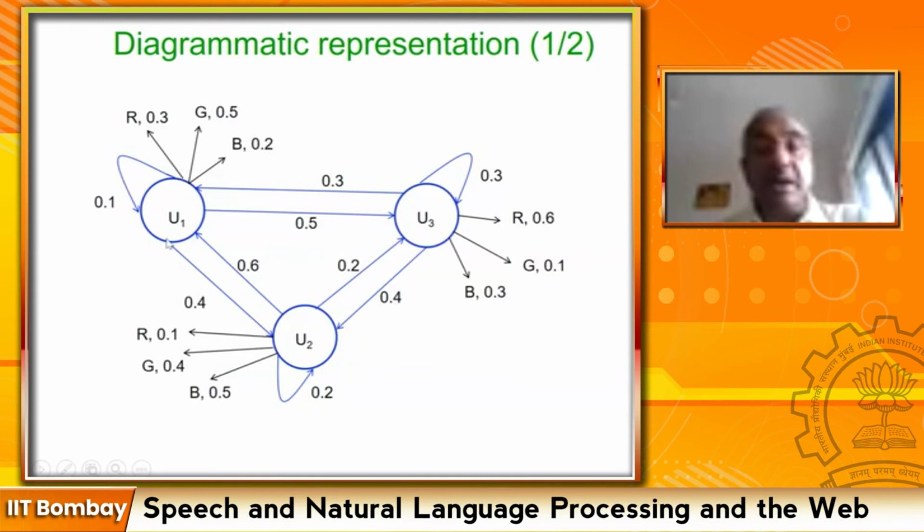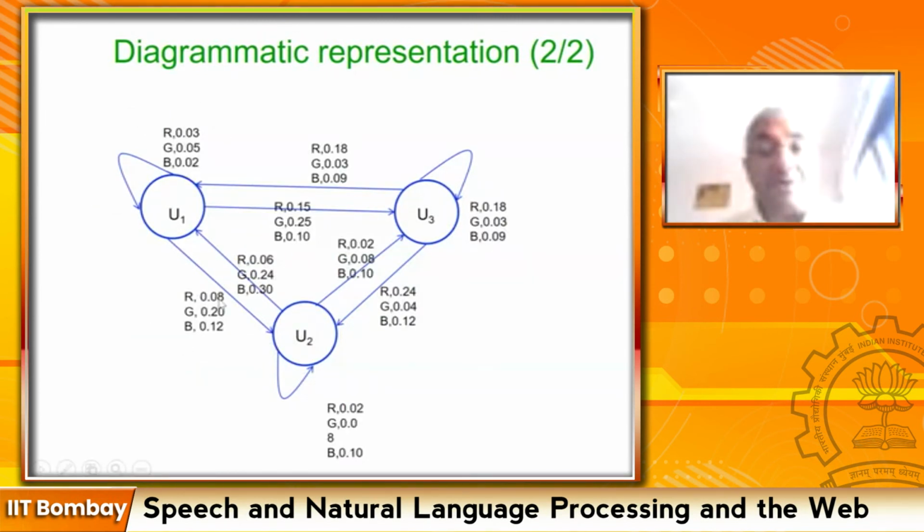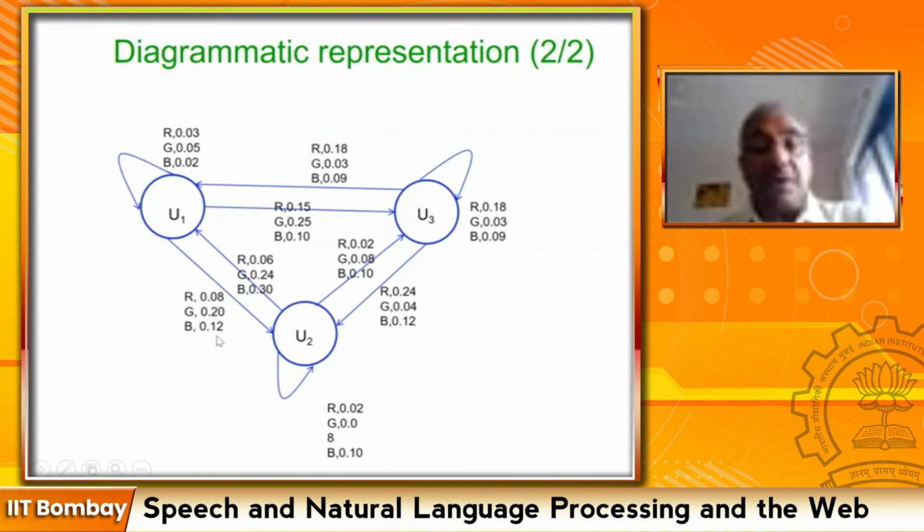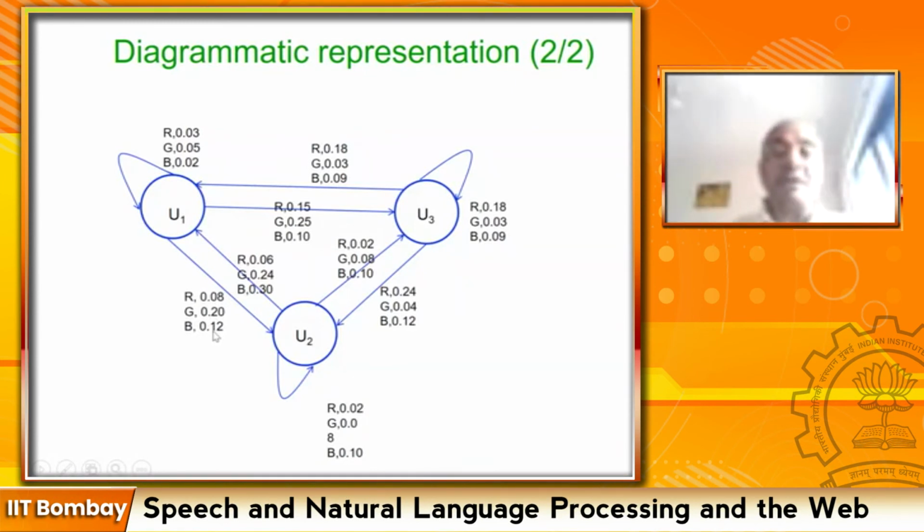So I can again multiply the U1 to U2 transition probability with the emission probability from U1 and convert this U1 to U2 transition into a joint probability situation. So you see we have here 0.02, which is 0.4 into 0.2, G is 0.2, 0.4 into 0.5, and B is 0.12, 0.4 into 0.3.